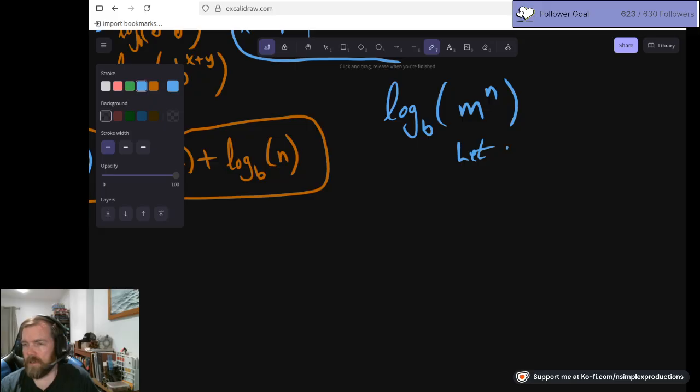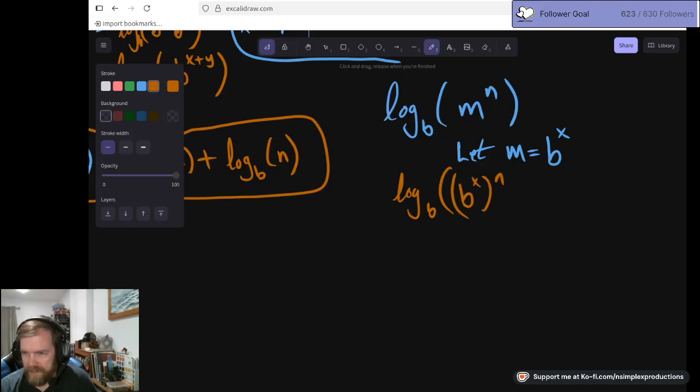Let m be equal to b to the x. It's the same thing, right? So here, this is going to be the log base b of b to the x raised to the n, well, that's log base b of b to the xn.